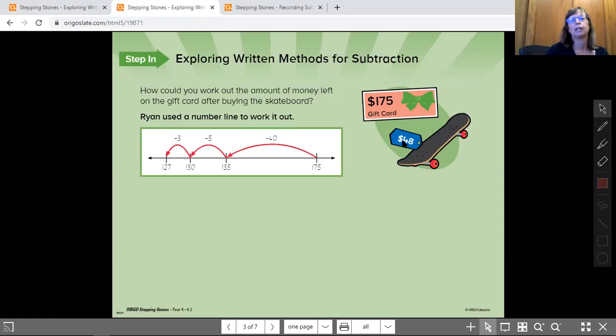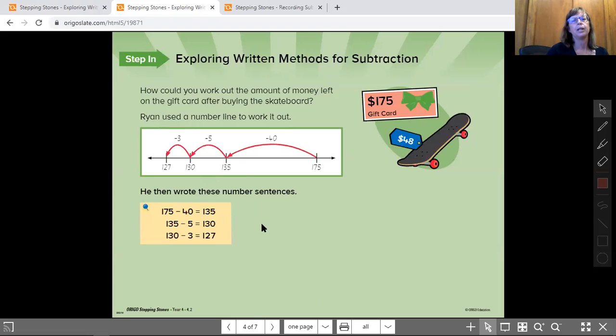So we're splitting up the 48 into its 40 and its 8. So there's our first jump. And then we go back by 5 to get to 130 because it's a nice round number. And then to make up that extra $3 onto the 8, because we've got 5 plus 3 is 8, we need to make that extra jump there.